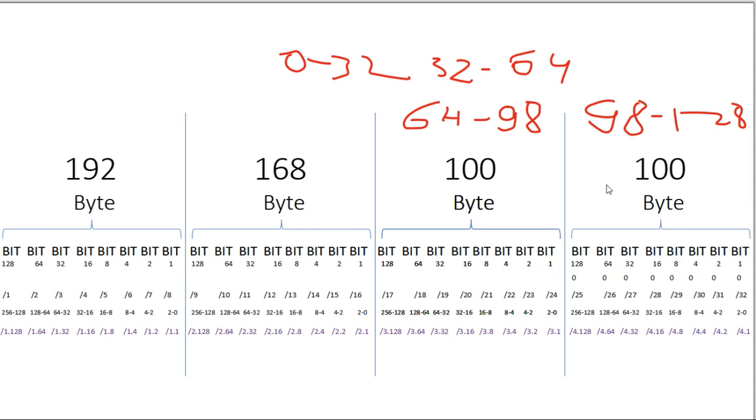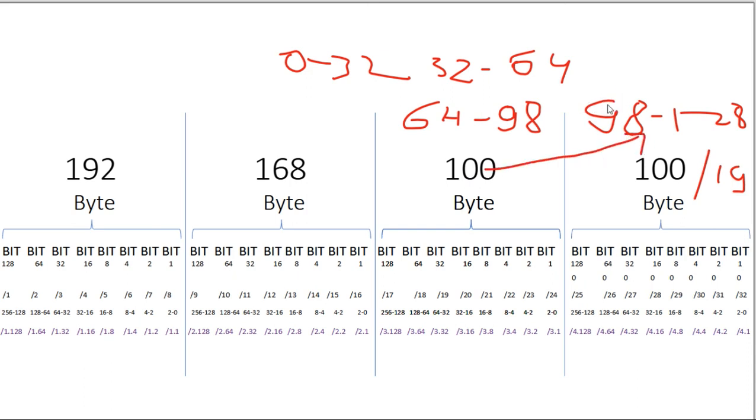So if someone tells you 100, this same IP address, but with a /19 instead of 20, you know immediately: okay, you have split this part into four 32-unit segments, and you can immediately say, oh right, 100 belongs to this one.